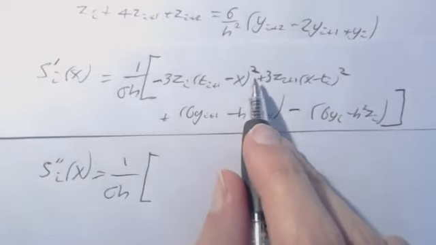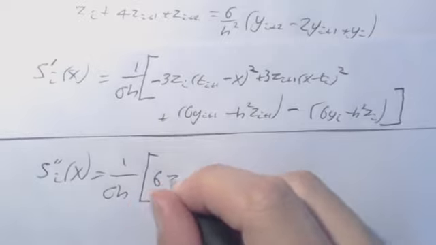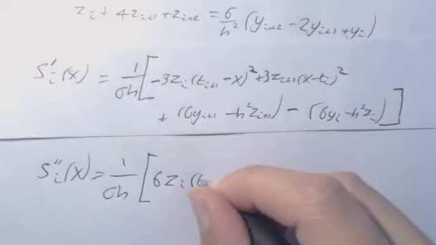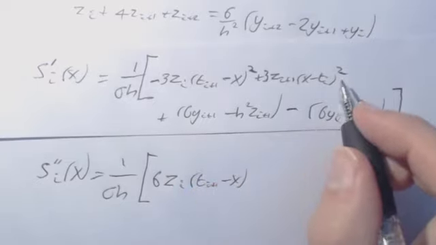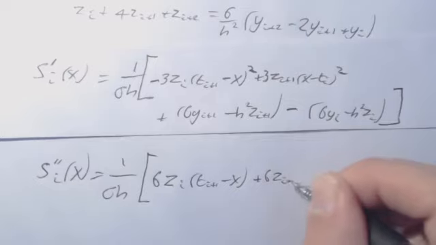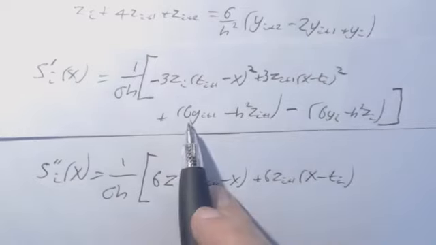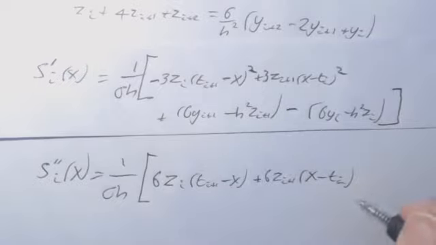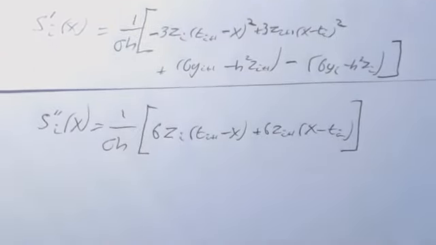We're going to get a minus 2 minus 3, so it's going to become 6z_i (t_i+1 - x). You're going to get a 2 out here, so it's just going to become plus 6z_i+1 (x - t_i). And the constant terms that have no x's in, they're just going to vanish. So this is looking nice and simple.